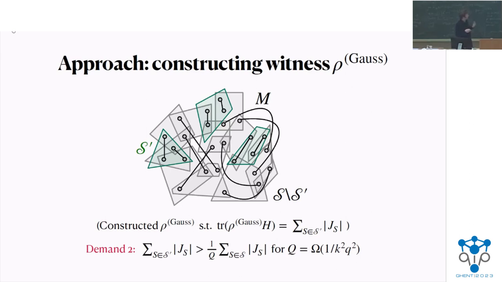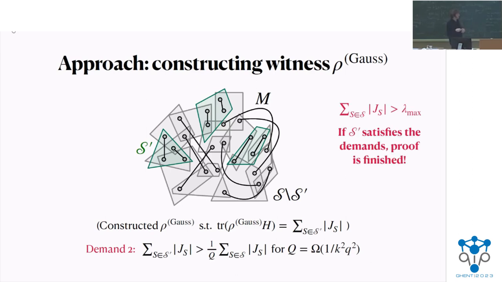Our second demand, which will actually solve our problem completely, is that this sum of these absolute values of j's is bigger than 1 over some factor q of the sum of the absolute values of j's over the entire system, over all the terms in the Hamiltonian.